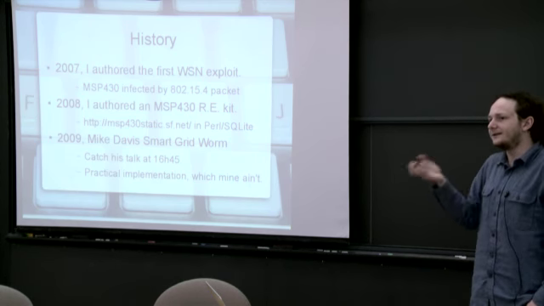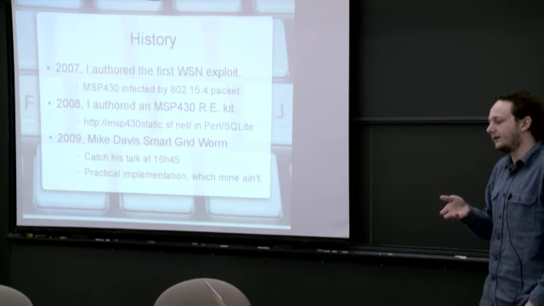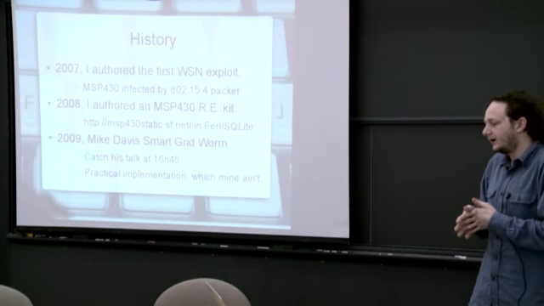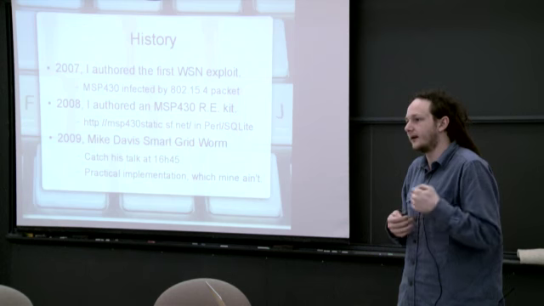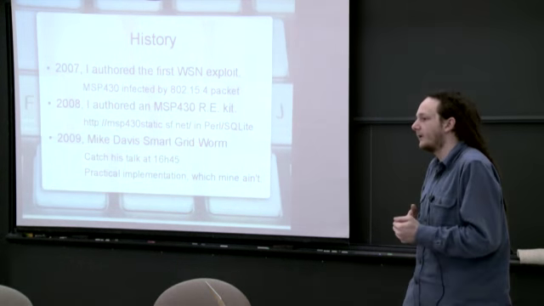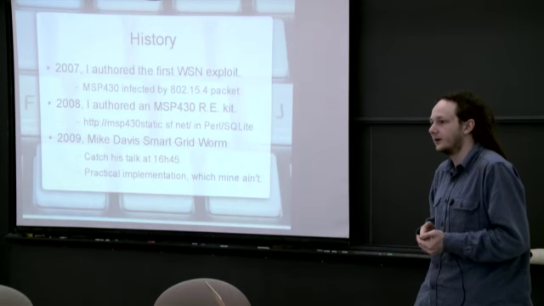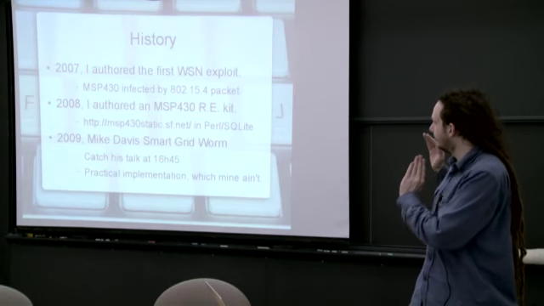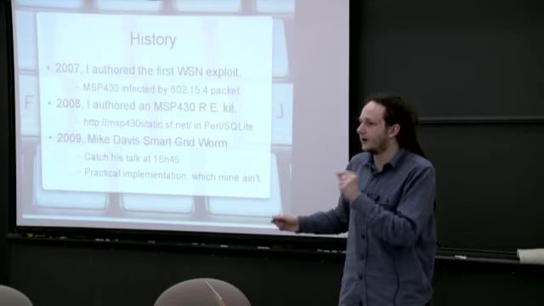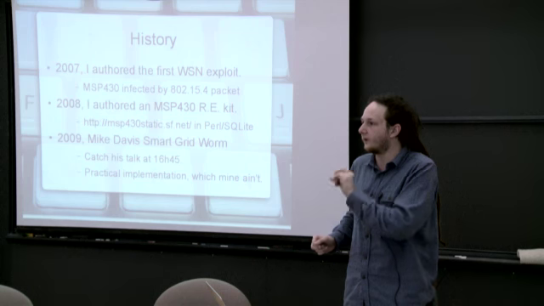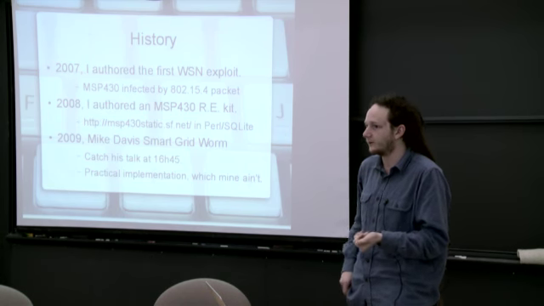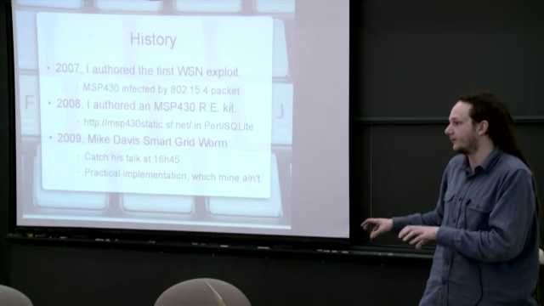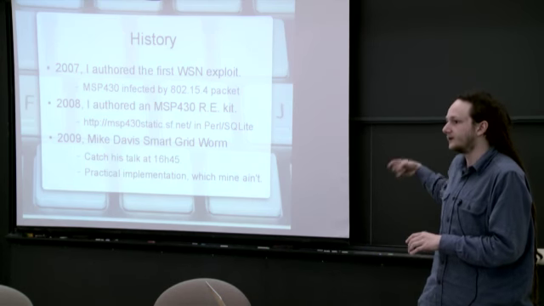He had a demo of this, but it looked like a lot of the details were going to get censored, so he never actually published any technical information about this. So this lecture was originally written to describe what I would look for in attempting to find a smart grid worm. If I have 2 smart meters and I suspect that one of them has been infected, these are the signs that I would look for.